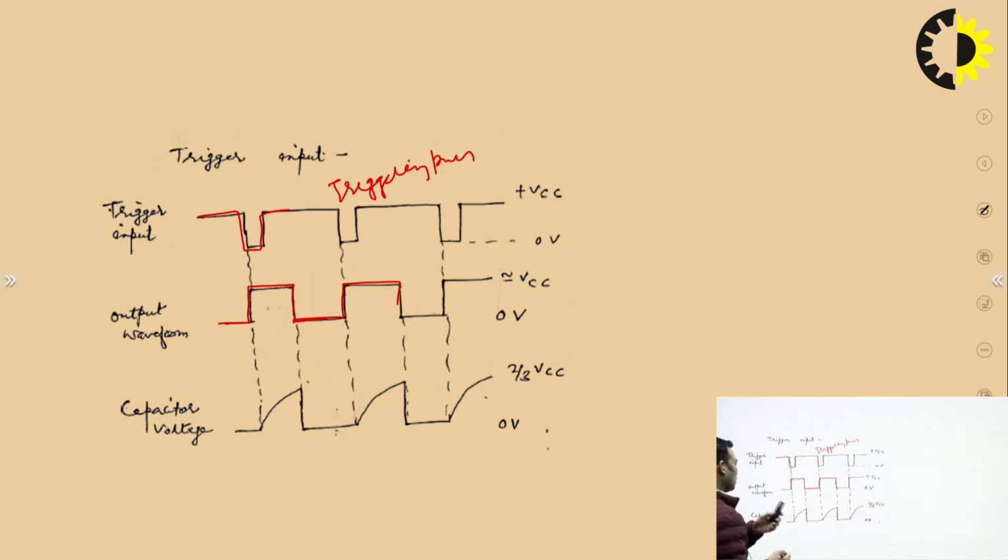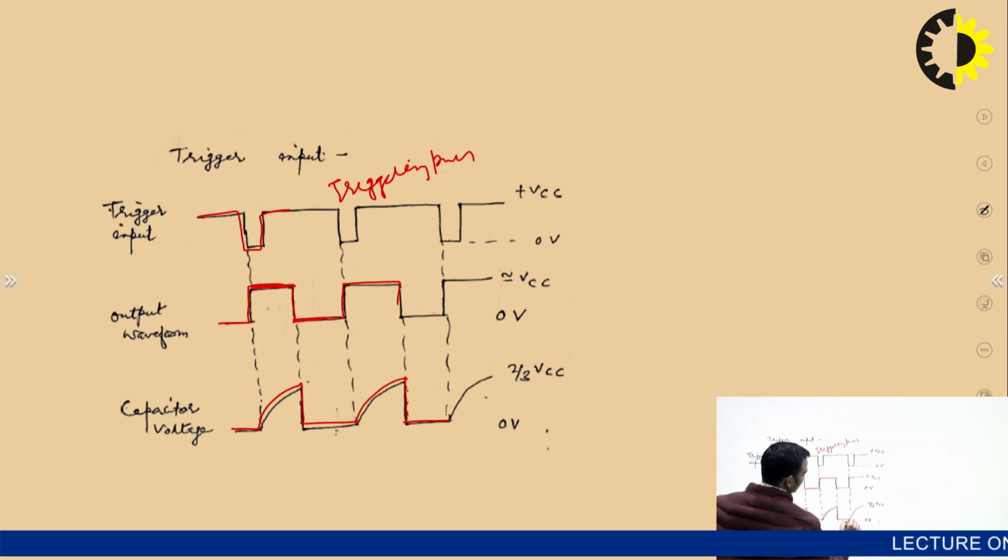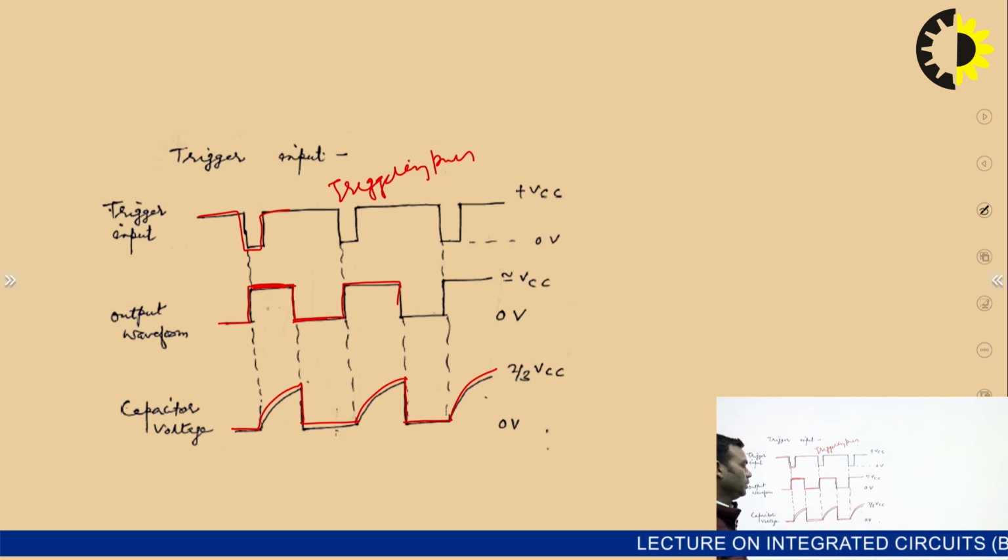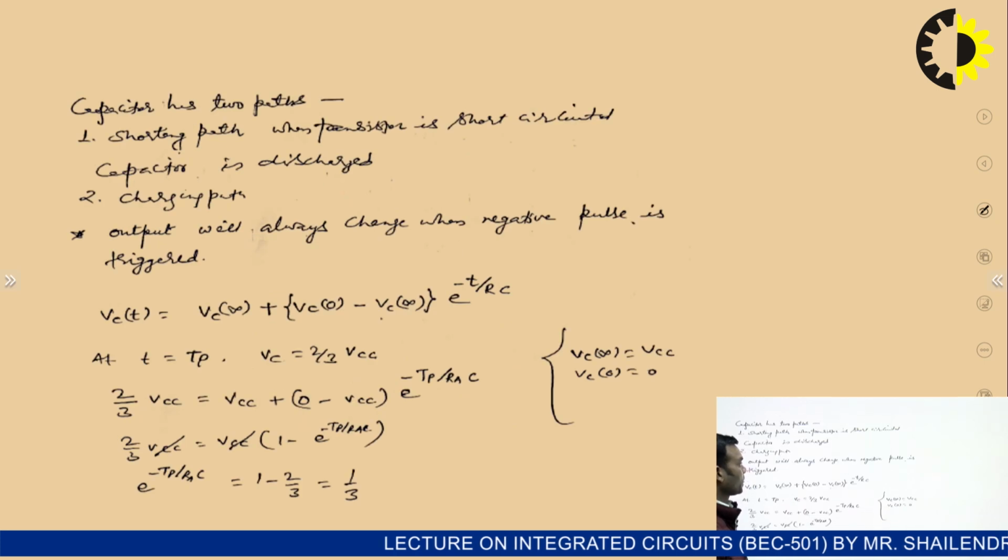And if you talk about the capacitor voltage, in this duration the capacitor charges, and after that it discharges, and then charging, discharging, charging, in this way. And the capacitor can be charged up to the voltage 2 upon 3 VCC.